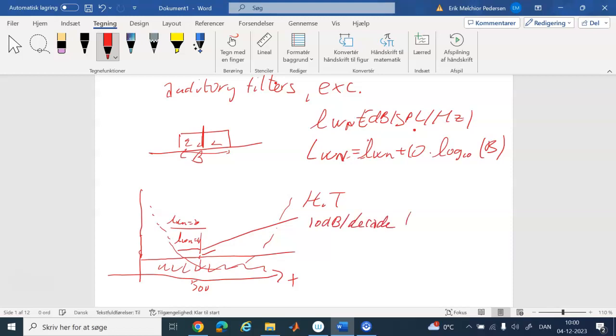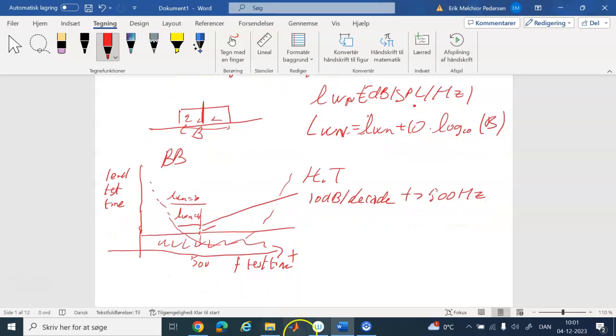Yes, this is broadband. And here we have the test tone level, and here we have the test tone frequency.